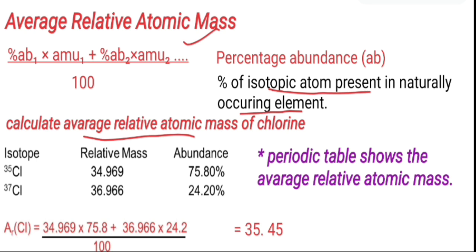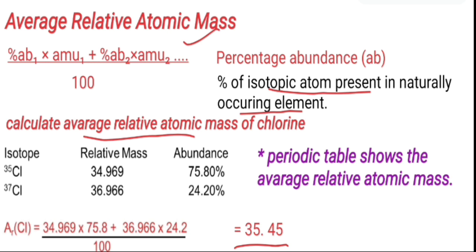We take the relative mass times the abundance: 34.969 times 75.8, plus the relative mass of Cl-37, 36.966, times its abundance 24.20, divided by 100. So what value are you getting? You are getting 35.45, and that 35.45 is the relative atomic mass of chlorine.